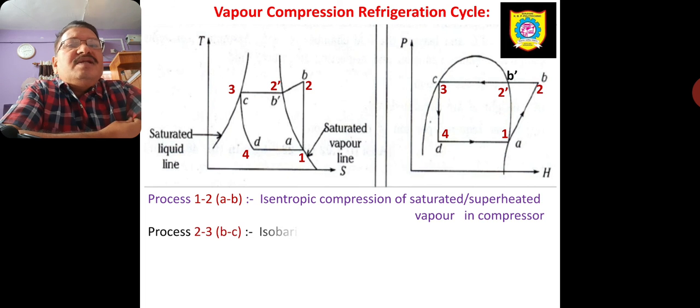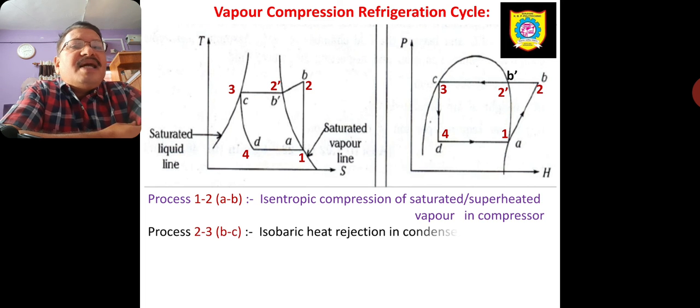Second process 2 3 or BC is isobaric heat rejection in the condenser. In the condenser, heat is rejected, and due to that condensation of the vapor takes place. Now condensation starts at point 2 dash and stops at point 3. At point 2 condensation will not start because point 2 represents the superheated condition.